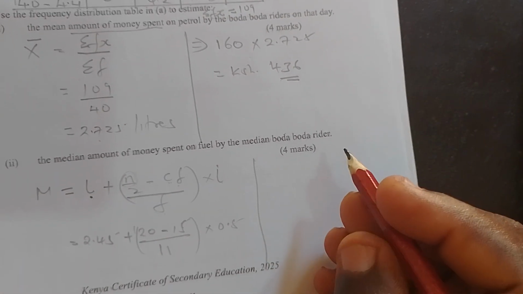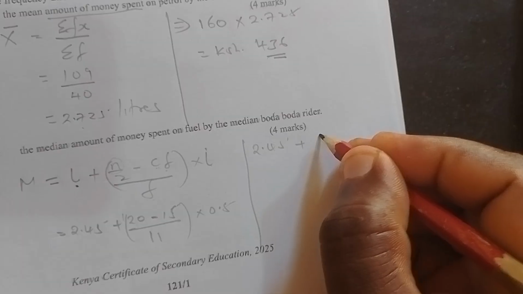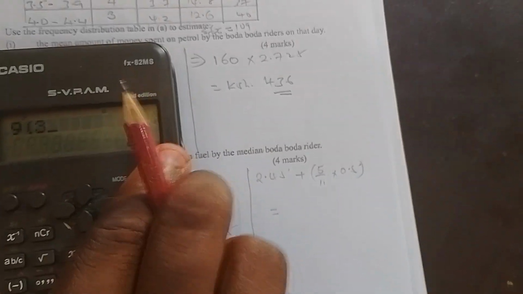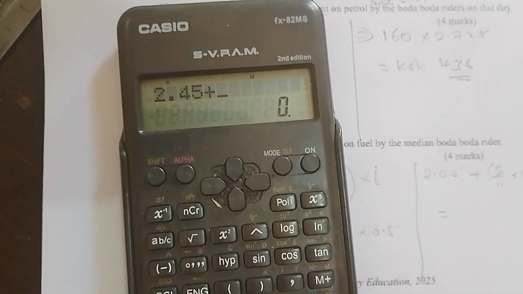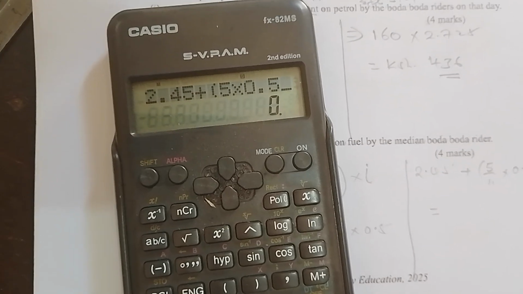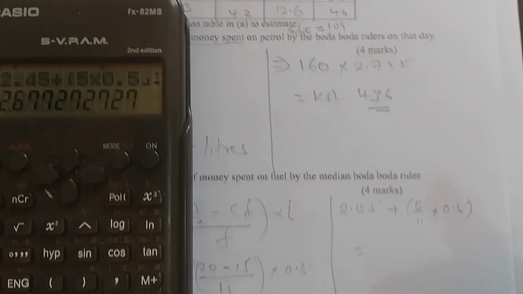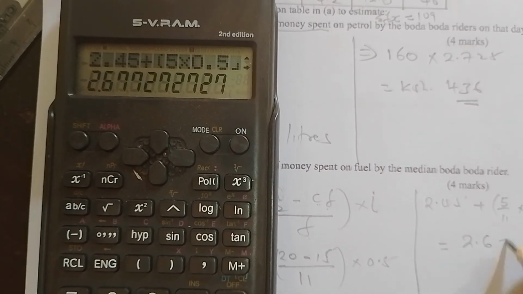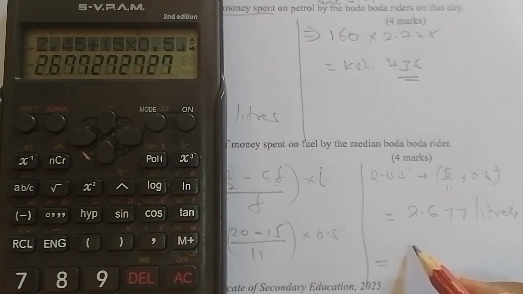So if we work this out, we shall have 2.45 plus 5 over 11, times 0.5. This will be 2.677 liters.